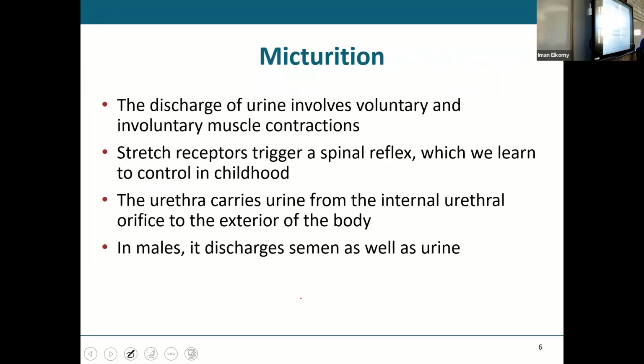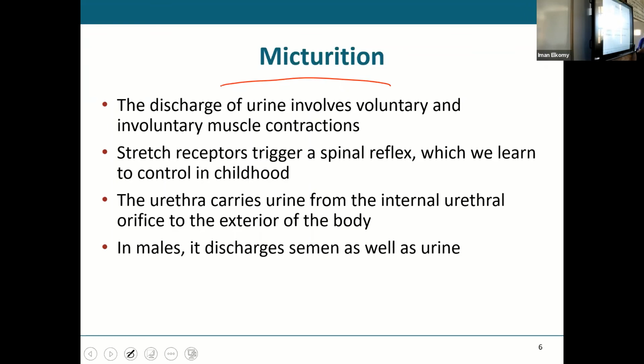All right, so micturition is actually peeing. What is the act of releasing this urine from your body? What happens with micturition? It is voluntary and involuntary. And we kind of already talked about this.